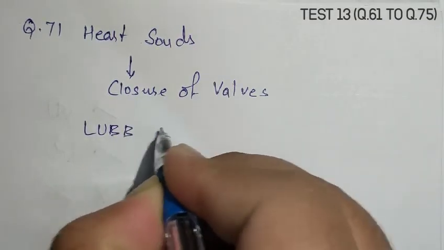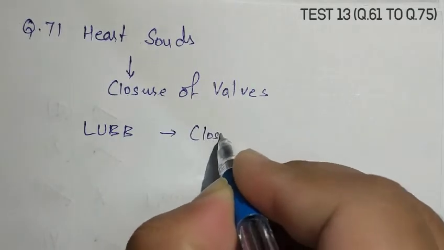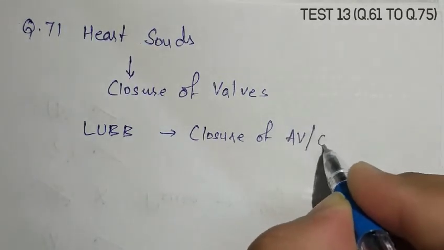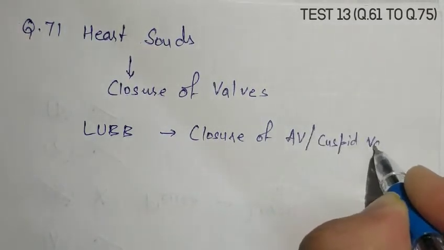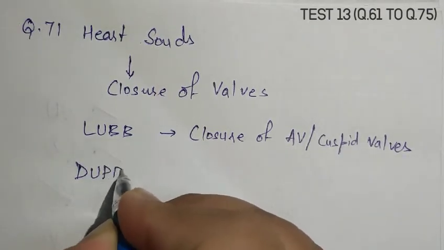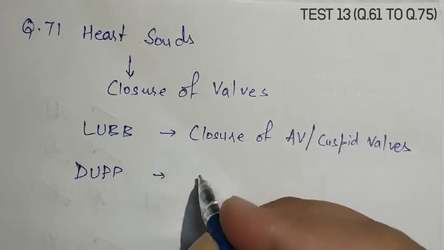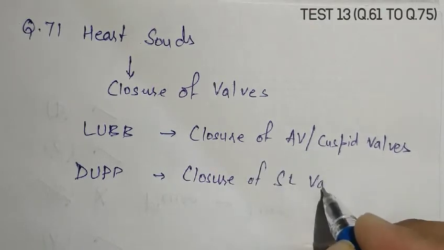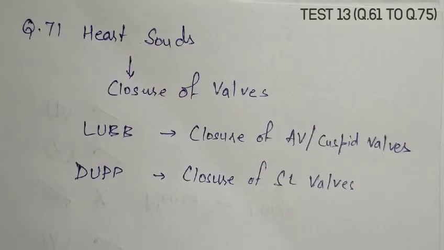Lub is due to closure of AV valves or cuspid valves, and dub is due to closure of semilunar valves. So the correct answer is C, closing of tricuspid and semilunar valves.